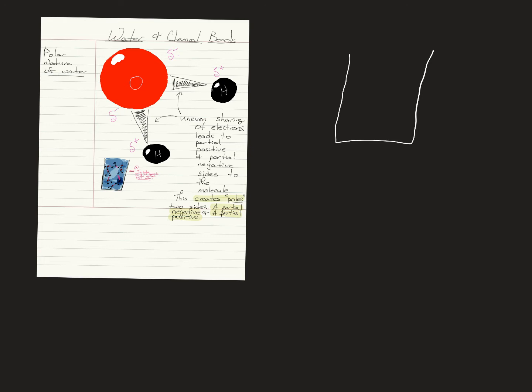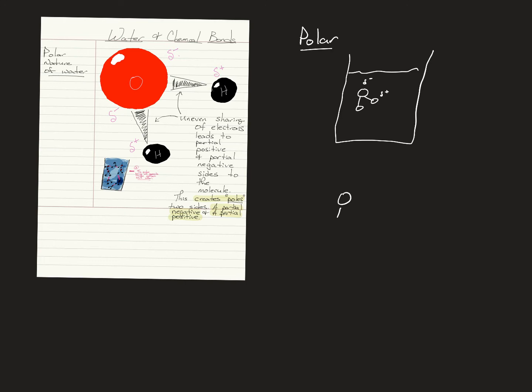So when you have a glass of water, you have two hydrogens connected to oxygen. The hydrogens are partially positively charged. The oxygen is partially negatively charged. So two sides, two poles, a positive pole and a negative pole. That's why we call water polar.